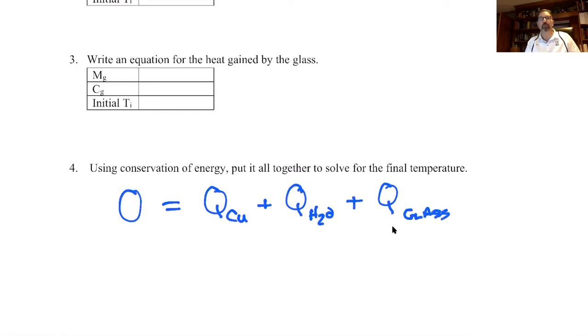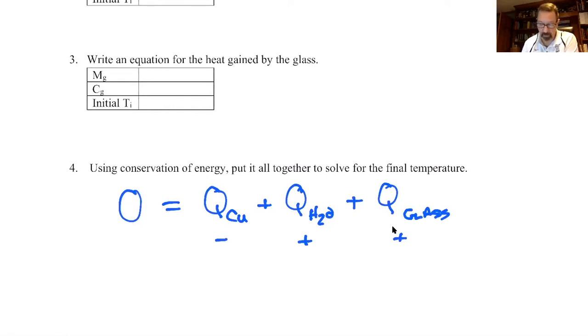Those all have to add up to 0, again assuming that no energy is lost across the boundary. The copper's heat should turn out to be a negative number. The water and the glass are going to heat up, so I expect those are going to be positive numbers because their final temperature is going to be greater than the 12 degrees. And of course, the problem is the algebra of extracting the final temperature, which is in each of those heats, to figure out what the final temperature is.